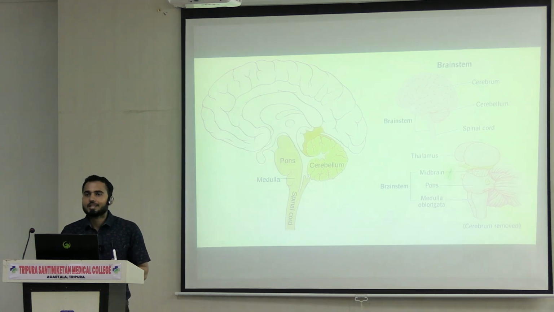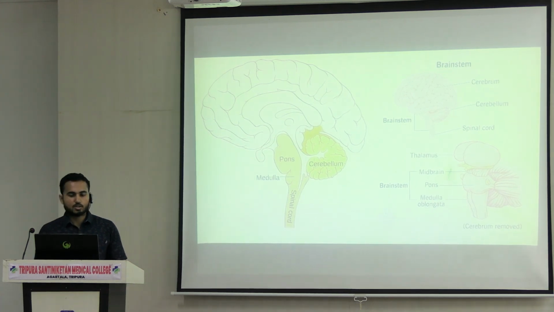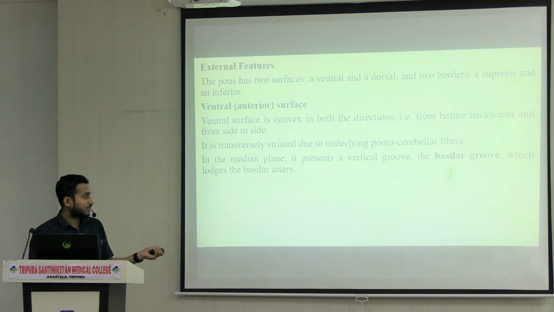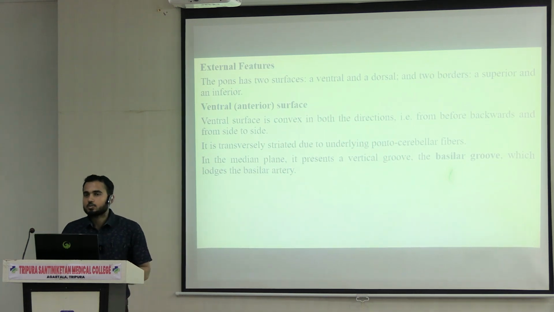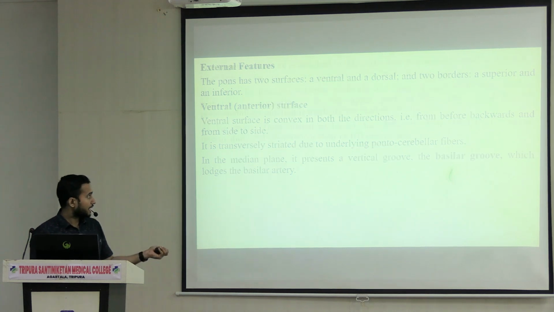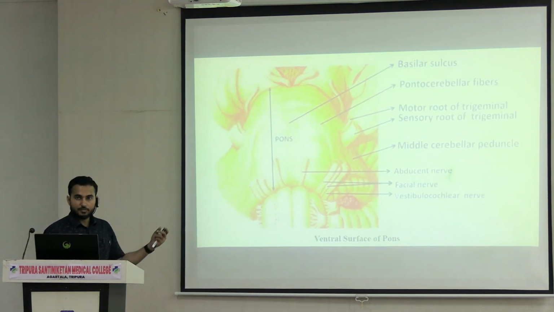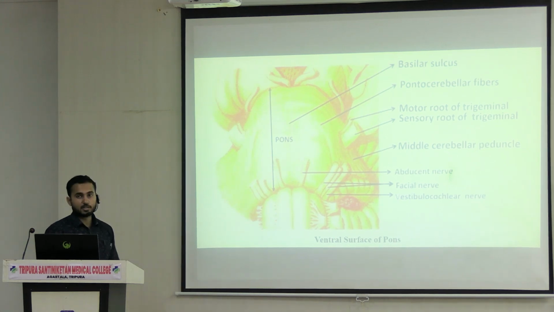Next, if you see the external features of the pons, first of all, two surfaces and two borders are there. So what are the two surfaces? Anterior surface and posterior surface; two borders, superior border and inferior border. Let me show you the diagram. In this diagram you can see the features on the anterior aspect of the pons.